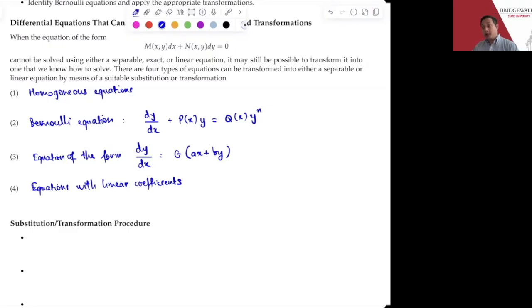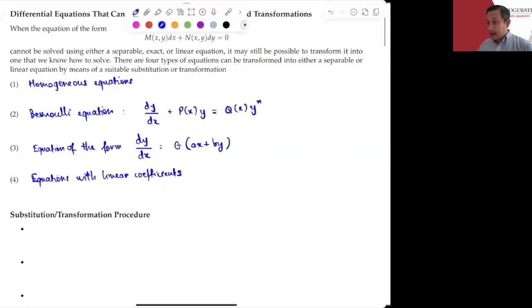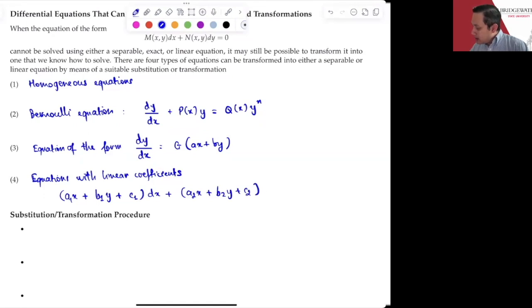Linear coefficients doesn't mean constant coefficients, so be careful with that. Usually it is of this form: (a1 x plus b1 y plus c1) dx plus (a2 x plus b2 y plus c2) dy equal to 0.